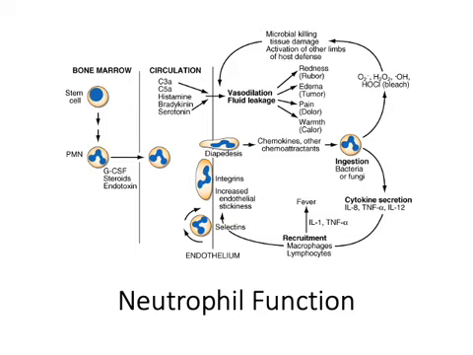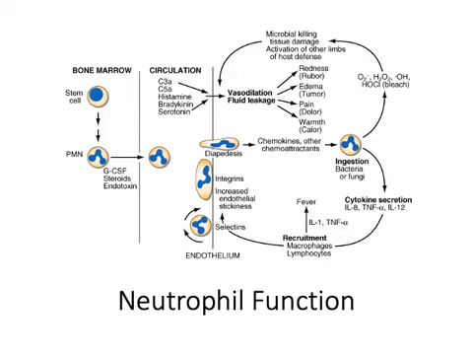The neutrophils function in three phases. So there is a stage of chemotaxis or cell mobilization and migration where the neutrophil is attracted to bacteria or the site of inflammation by chemotactic substances released from damaged cells.